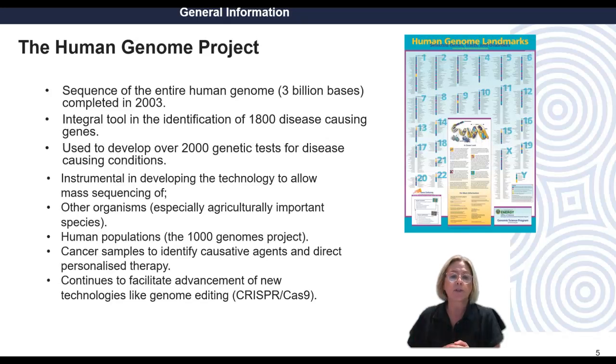And it continues to facilitate advancement of new technologies like genome editing as well. And you may be wondering, what is genome editing? Well, very simply put, DNA is either inserted or deleted or modified or replaced in the genome of a living organism. And technologies such as CRISPR-Cas9 are being used to do this.